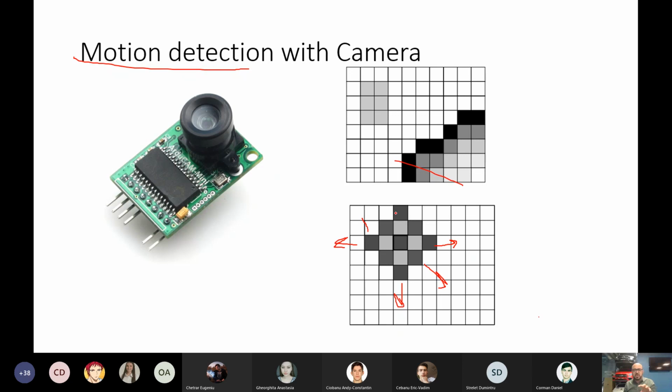The previous picture is moved in many directions and compared, and the best match with the current snapshot detects exactly what the direction is.